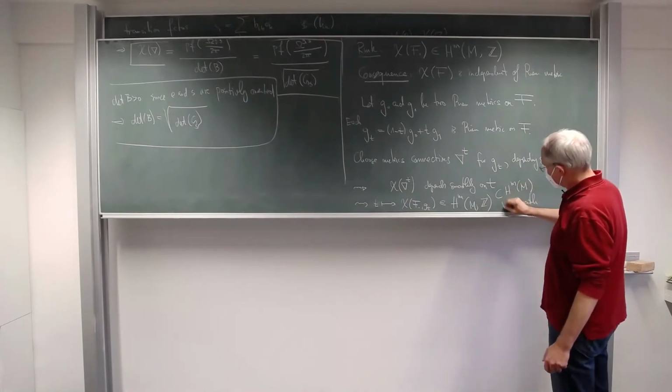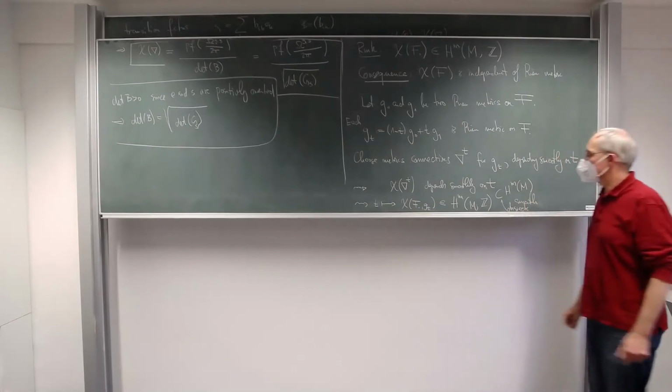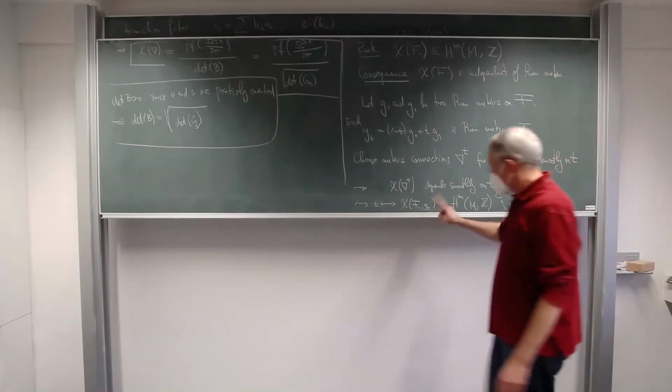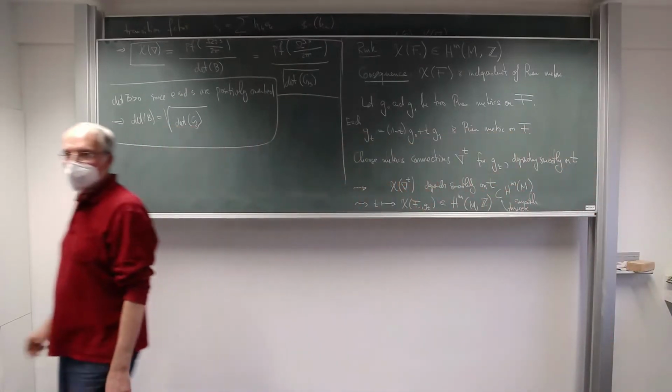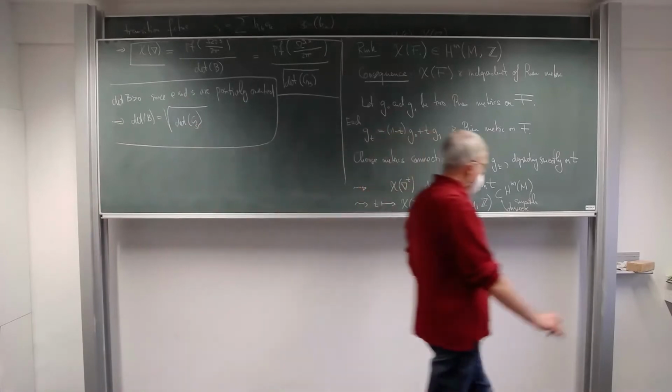So that's sitting discretely in it. And since it's continuous, then it must be constant. And so this way we see that the homology class, so the Euler class, does not depend on that. All right, good.